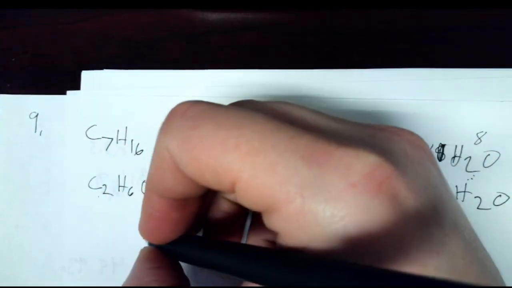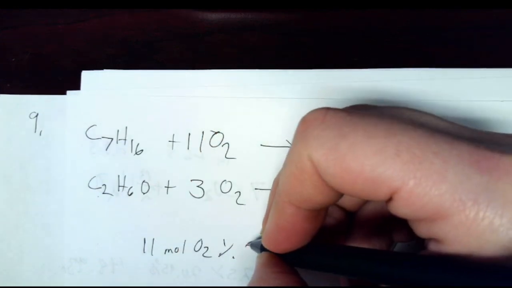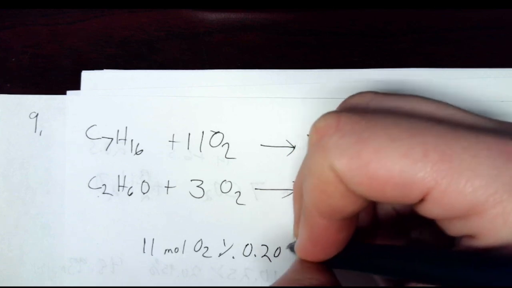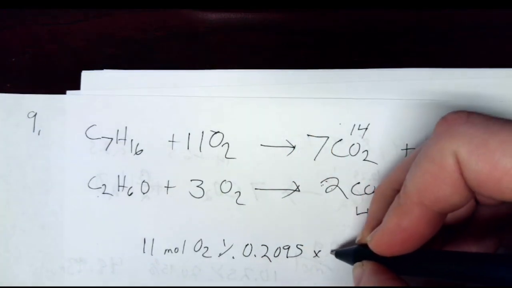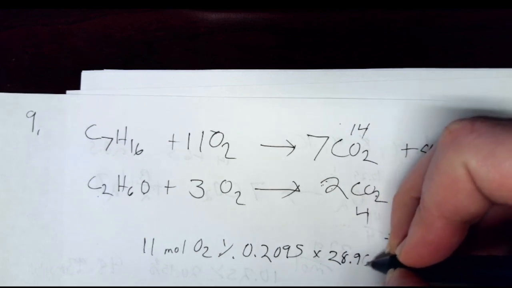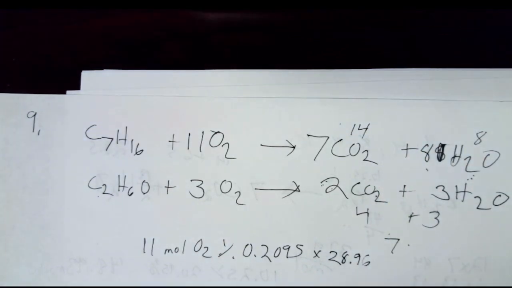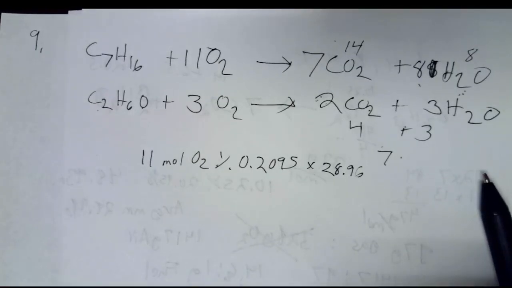So, of my 11 moles of oxygen, we're going to divide that by 0.2095, and then multiply that by 28.96, which is my average molar mass of air.